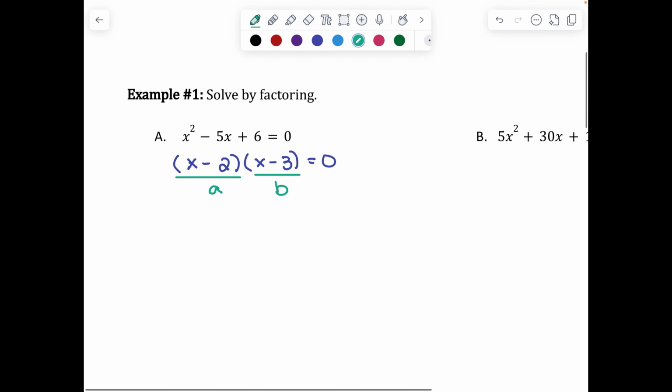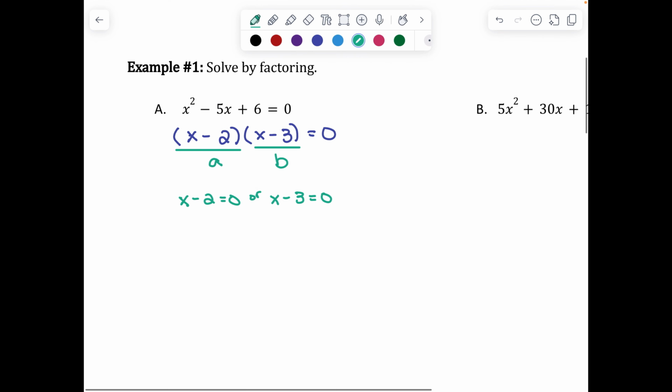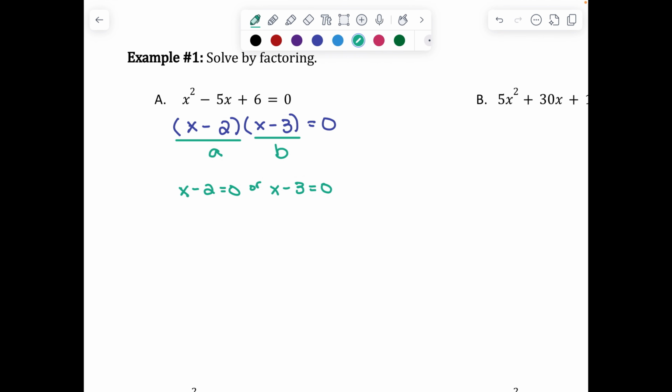So I'm going to set x minus 2 equal to 0, x minus 3 equal to 0, and put an or in between. So x minus 2 equals 0 or x minus 3 equals 0. That just tells me my answer is x equals 2 or x equals 3. Could be one of those, could be both of those. Pretty straightforward.